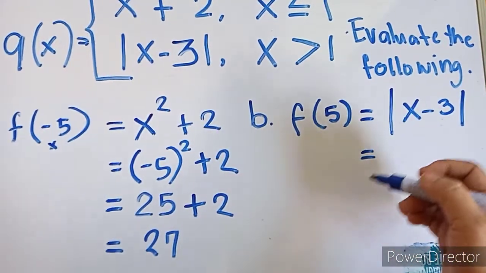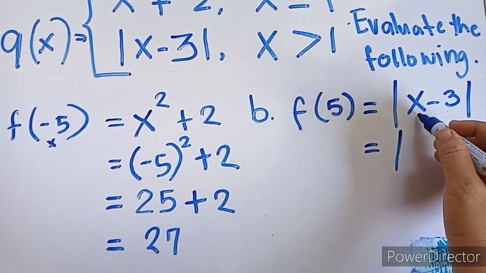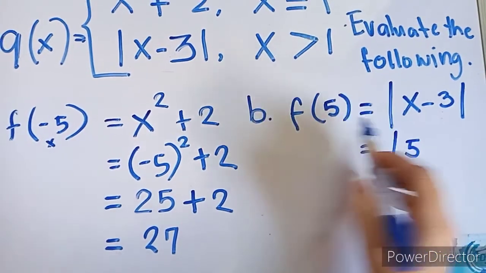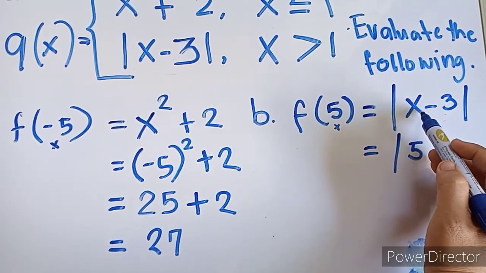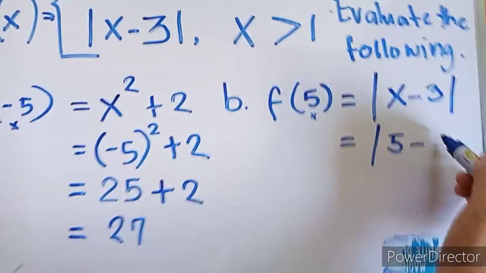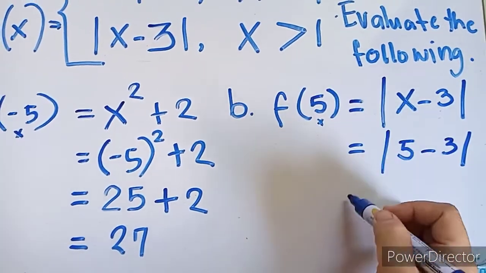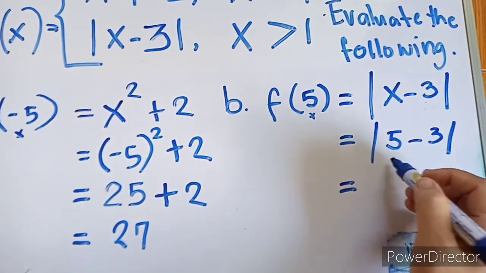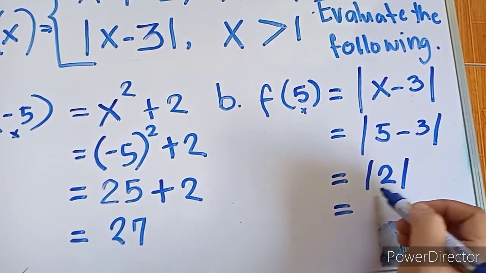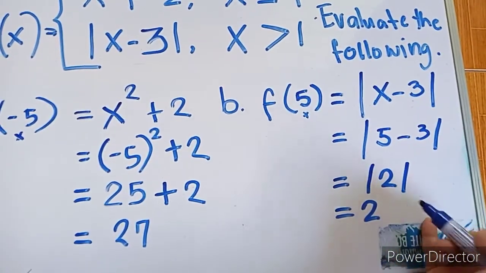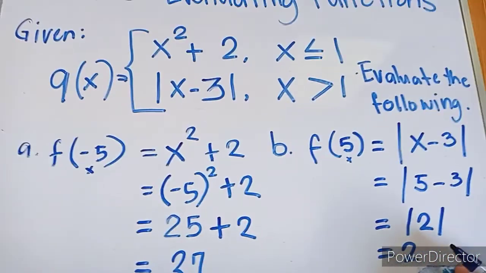Substitute the value of x, which is positive 5, minus 3. Then the absolute value of 5 minus 3 is 2. Absolute value of 2 is positive 2.